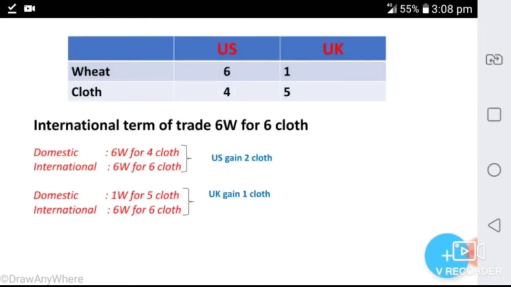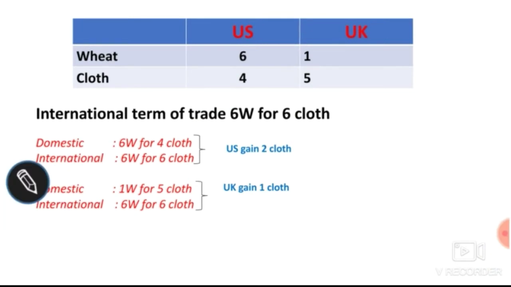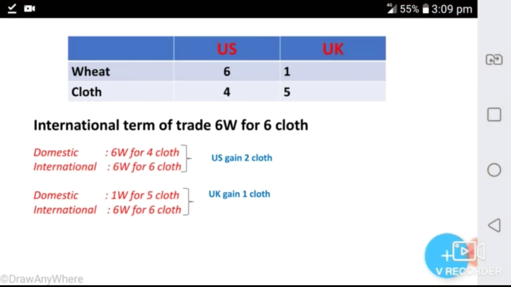This theory can be explained by a numerical example. Look at the table. We have 2 nations, US and UK. This is per hour production of wheat and cloth. In US, 1 hour of labor can produce 6 units of wheat and 4 units of cloth.